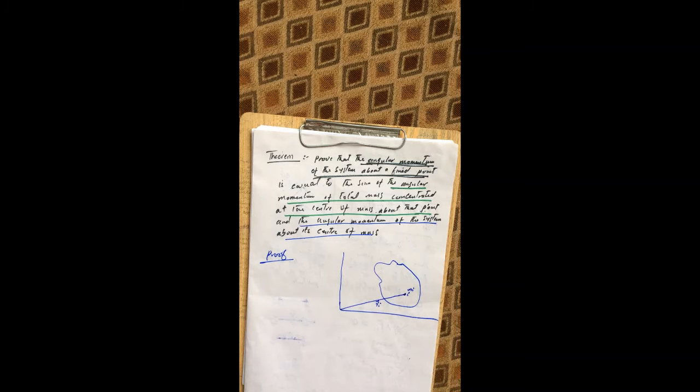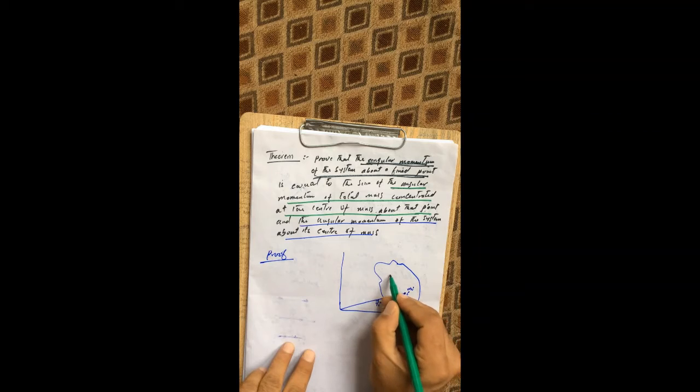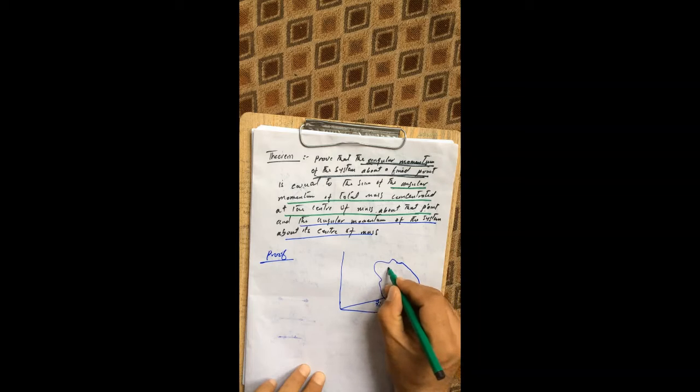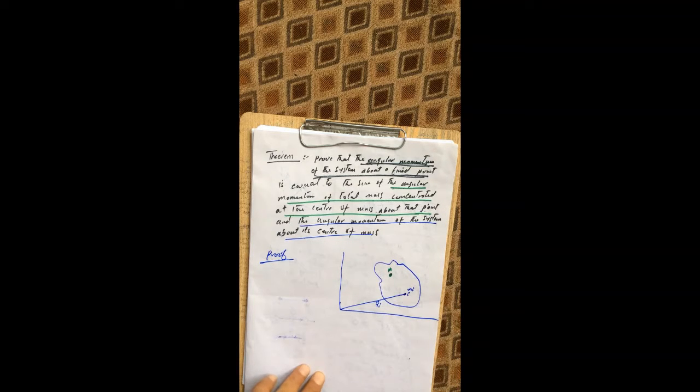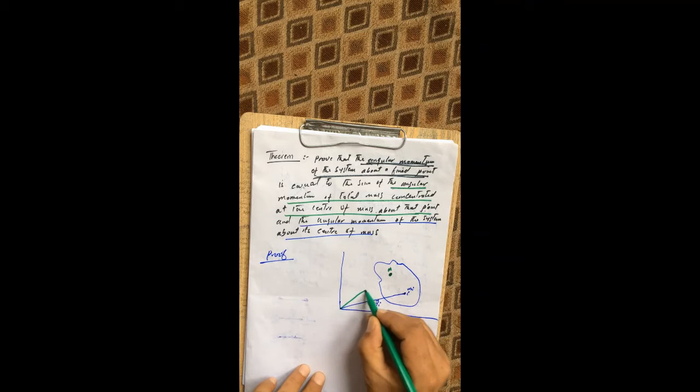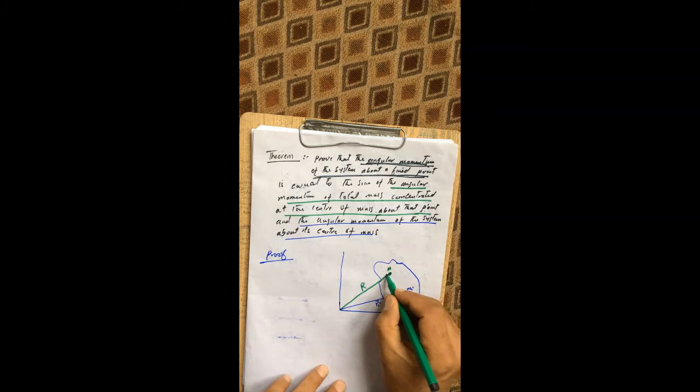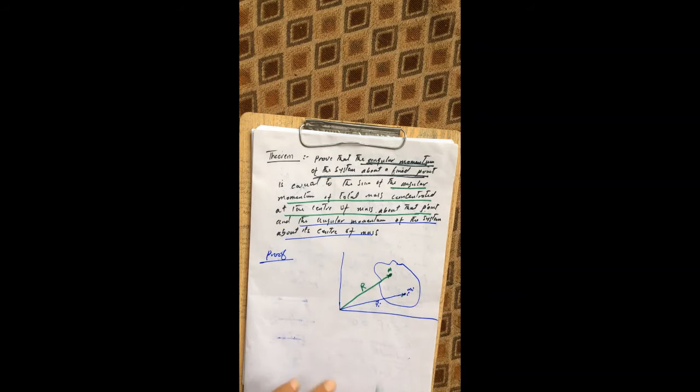Now I suppose that the center of mass is also somewhere in this system. Let's suppose this is the center of mass. Its mass will be capital M, and its position from this fixed point O, or this origin, is R. Now this is the center of mass position, and this is the position of the ith particle.